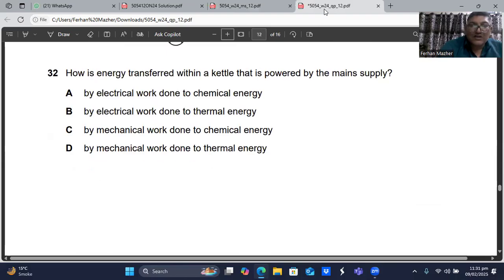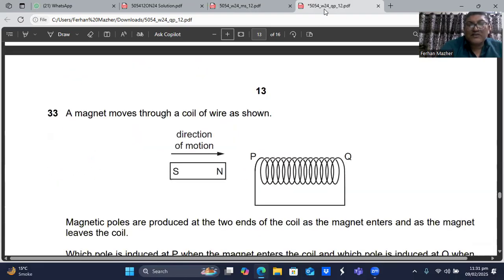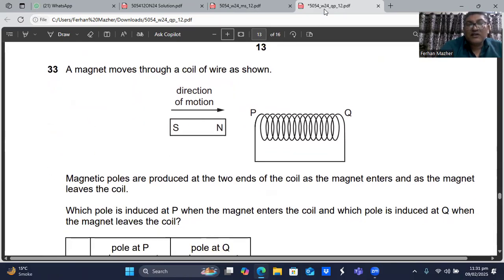Then we have question number 33 coming up on your screen. A magnet moves through a coil of wire as shown. The north pole is facing the left end of the coil, so this north pole is approaching the P side of the coil.